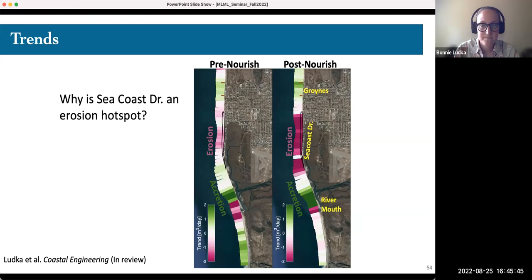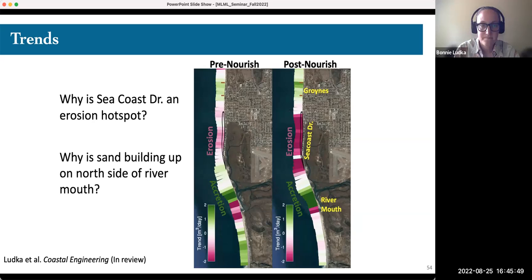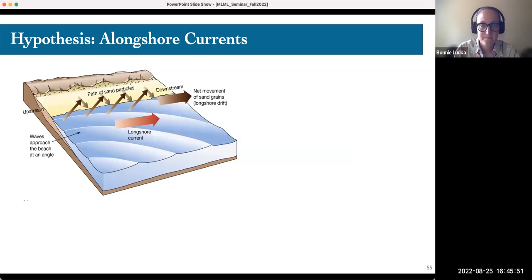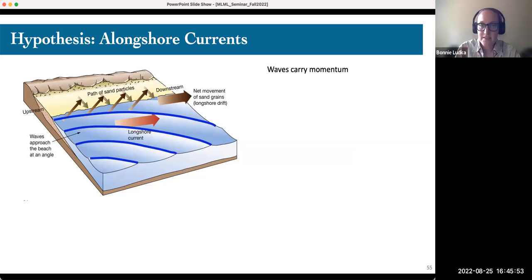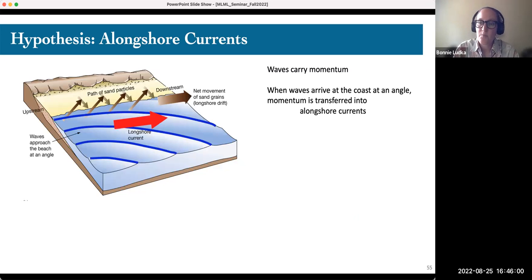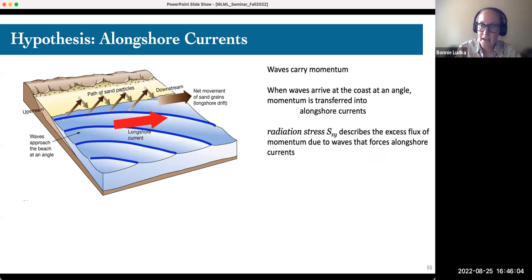And so we wanted to know, why is Seacoast Drive an erosion hotspot, and why is sand building up on the north side of the river mouth? Well, our hypothesis is that we know that waves carry momentum, and when waves arrive at the coast at an angle, momentum is transferred into alongshore currents. And we're going to use this quantity called the radiation stress, which describes the excess flux of momentum due to waves that forces alongshore currents.